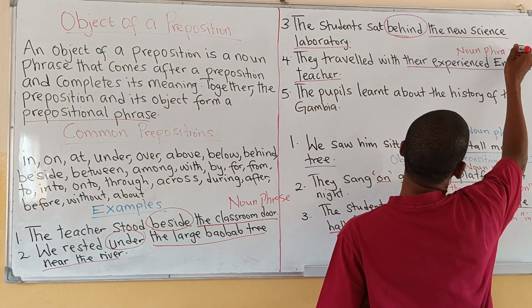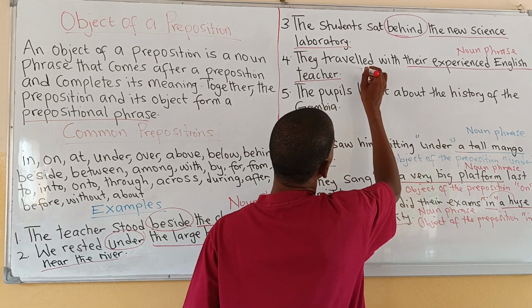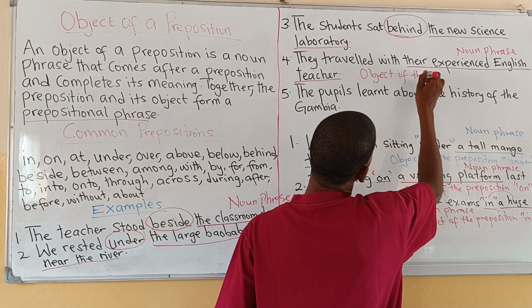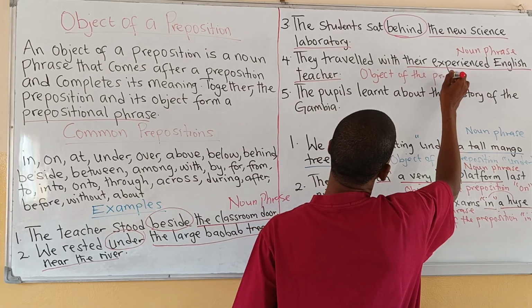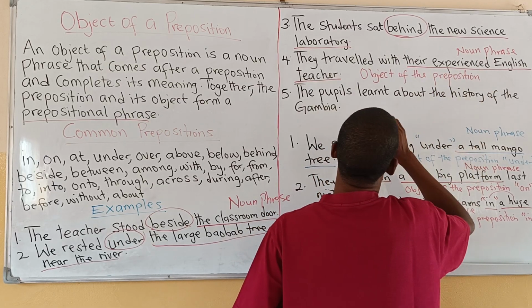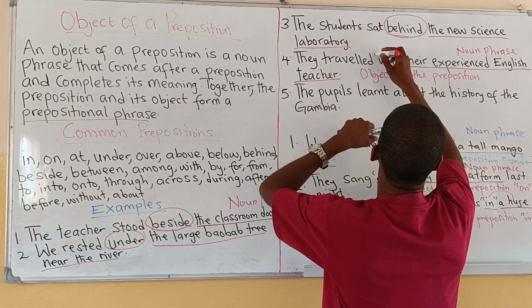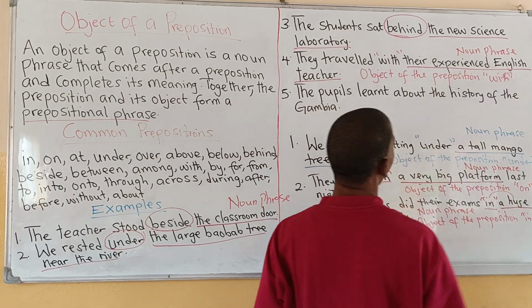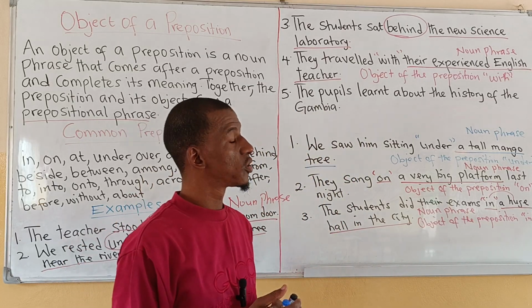What is the function now? It functions as the object of the preposition with. With is also a preposition, please.